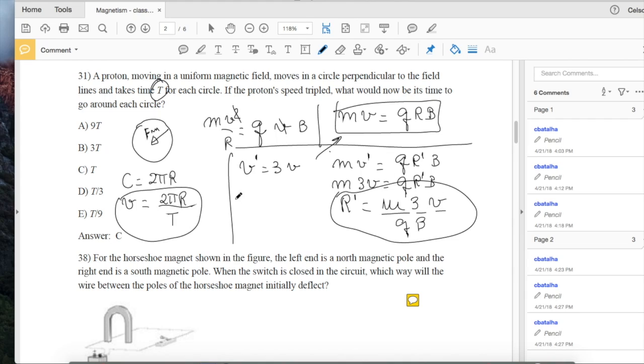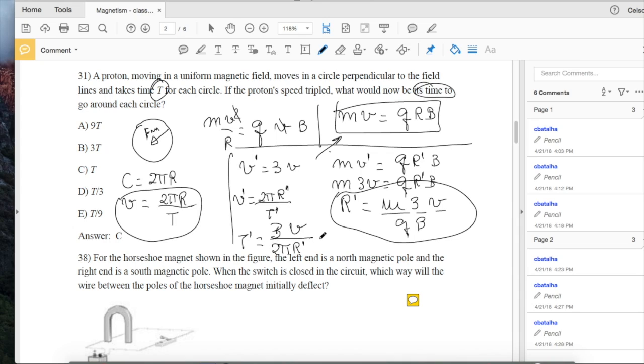Now, we want to find the time. What would be the new time? So the new time can be derived from here, right? The new time is going to be v prime, which is the new speed, 3 times the previous one, divided by 2 pi r prime.